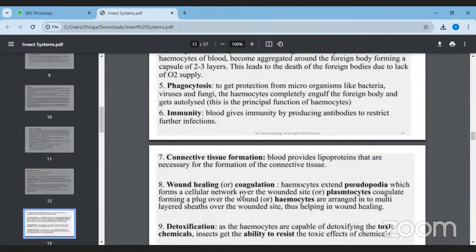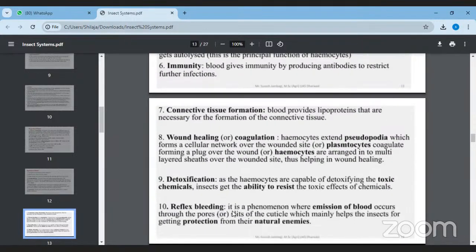We also see hemocytes arranged in multi-layered sheets over the wounded site, thus helping wound healing in insects. And we also see detoxification, where the hemocytes are capable of detoxifying toxic chemicals.